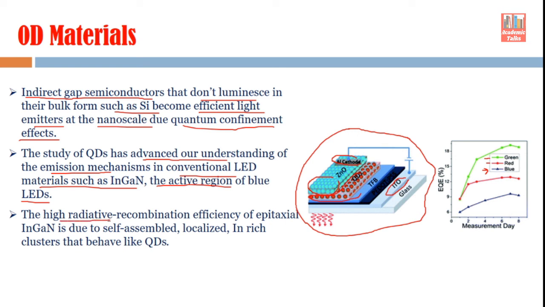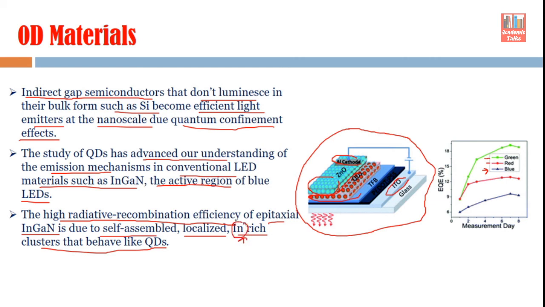High radiative recombination efficiency of epitaxial indium gallium nitride is due to self-assembled and localized indium rich clusters that behave like quantum dots, right? So, what you have to understand from this point is that it is possible to form indium gallium nitride based quantum dots, and the quantum dots which are rich in indium, right?